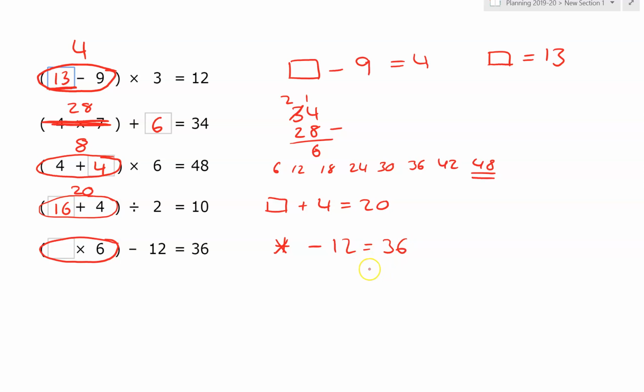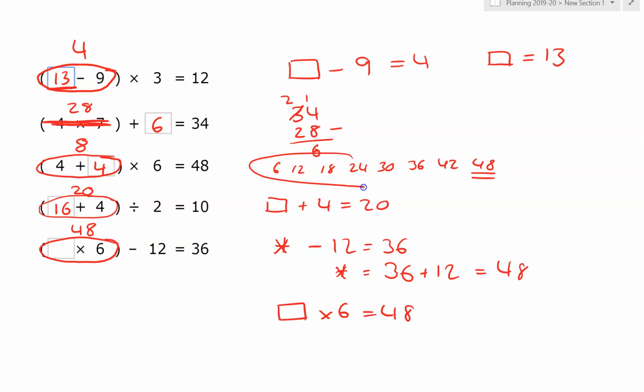So if I do 36 add 12, that gives me 48. So this had to be 48. So now we've got something times 6 is 48. Hang on, I did my 6 times table up here. 1, 2, 3, 4, 5, 6, 7, 8. There we go. 8 times 6 is 48. 48 take away 12 is 36.